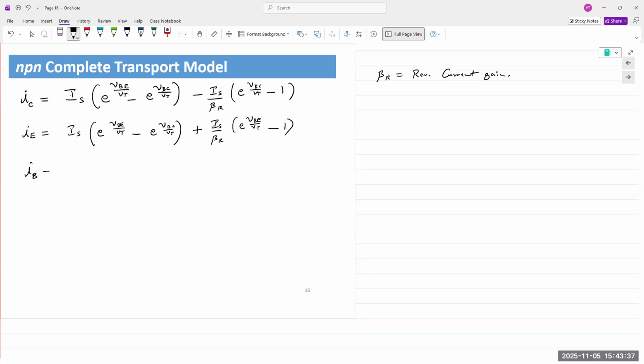And IB is forward current, again IS over beta F, e raised to VBE over VT minus 1, and IS over beta reverse, e raised to VBC over VT minus 1.